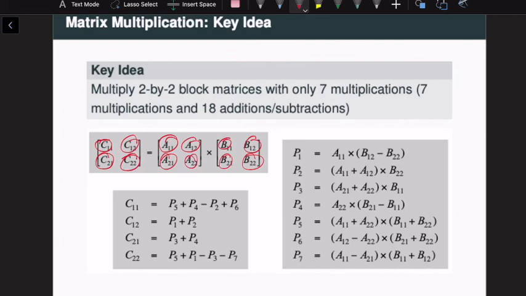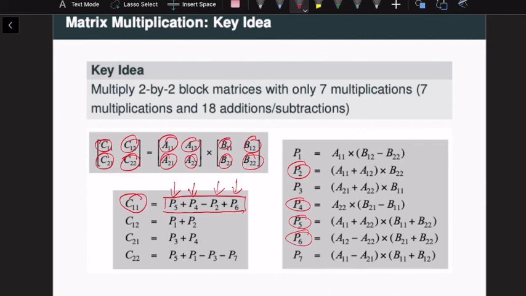But this is very important: we can figure out what C11 is by a strange combination of sub-matrices that don't have a lot of intuition, but it turns out that C11 is equal to this summation of these P matrices, where P5 is this, P4 is this, P2 is this one, and P6 is that.